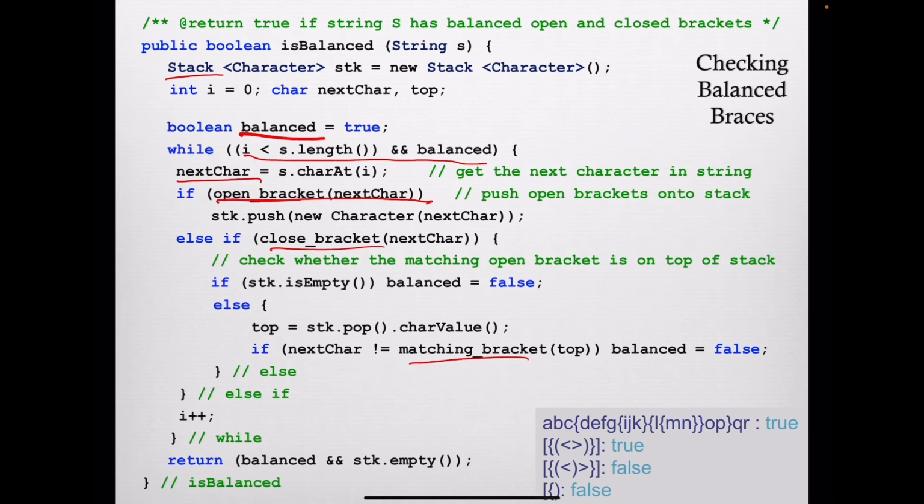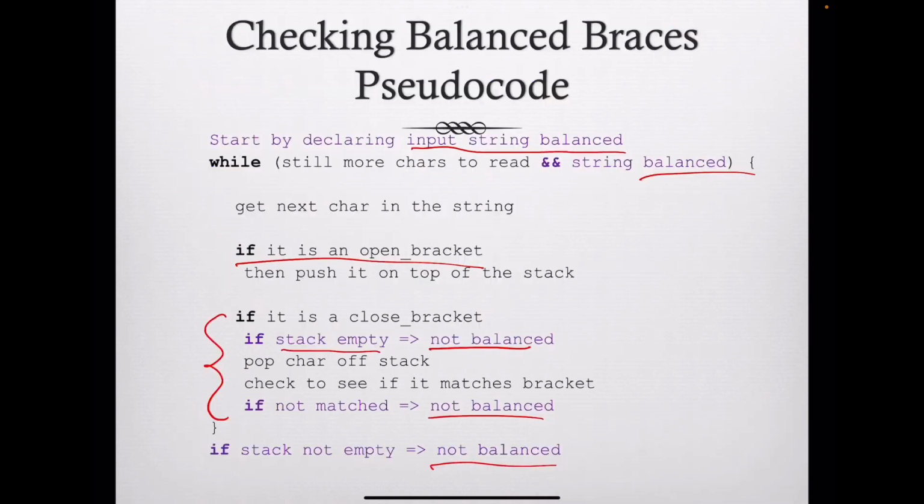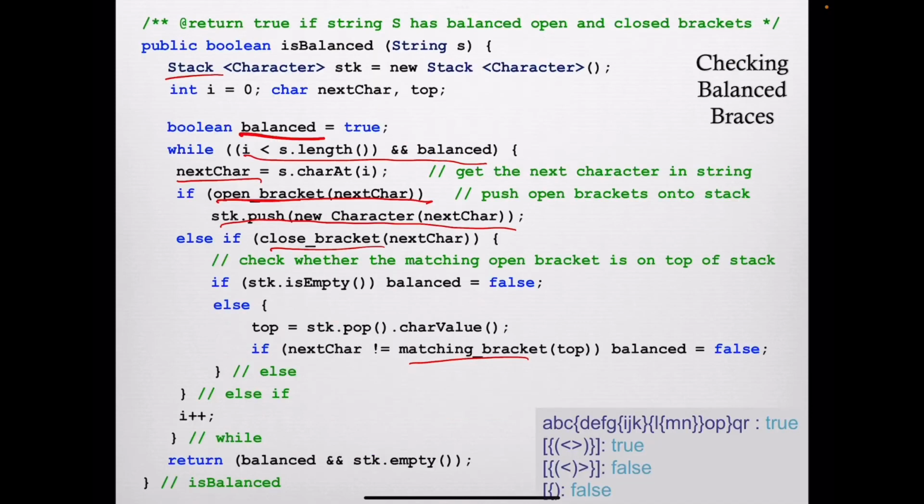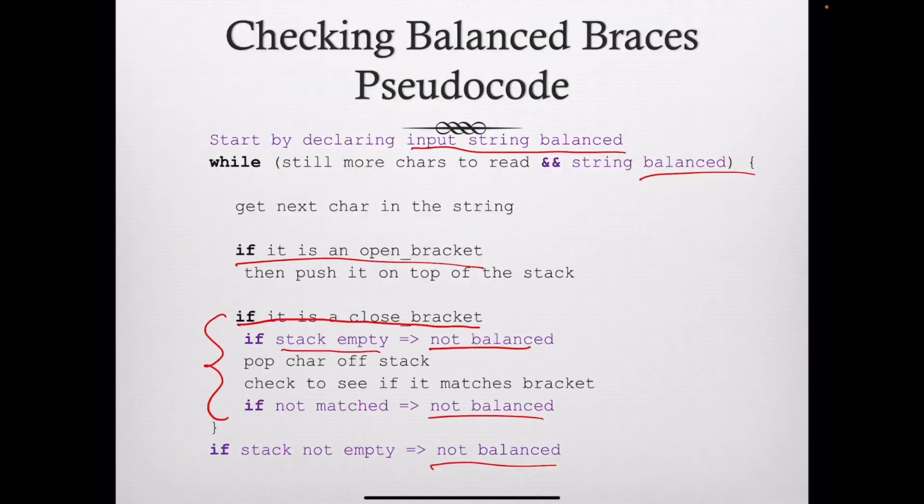And if it is, we're going to push the new character onto the stack. And if it's not, then we're going to check to see if it's a closed bracket, just like the pseudocode. And if it is, then we're going to check to see, is the stack empty? And if it is, then we're going to change balanced to false, just like right here.